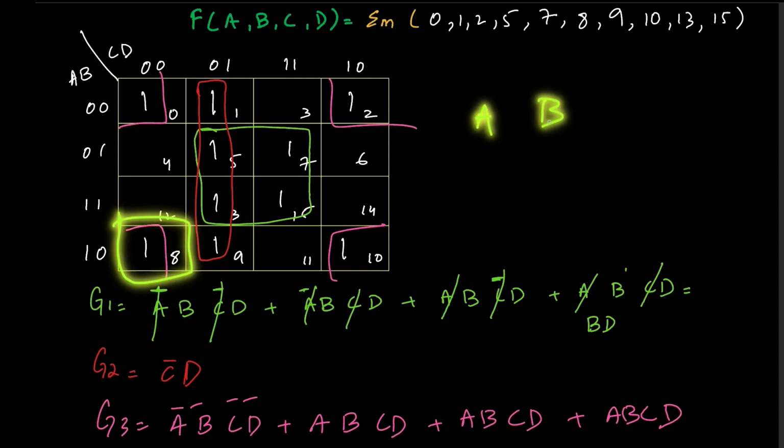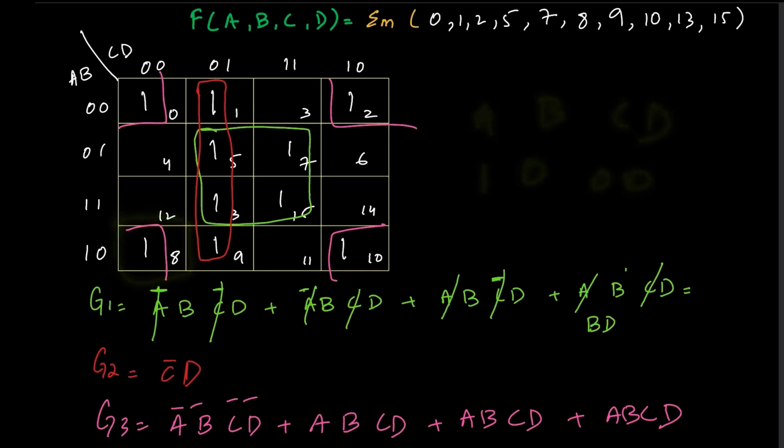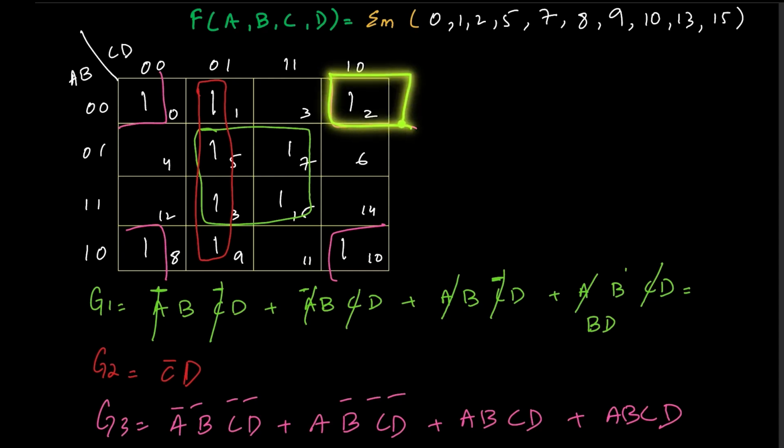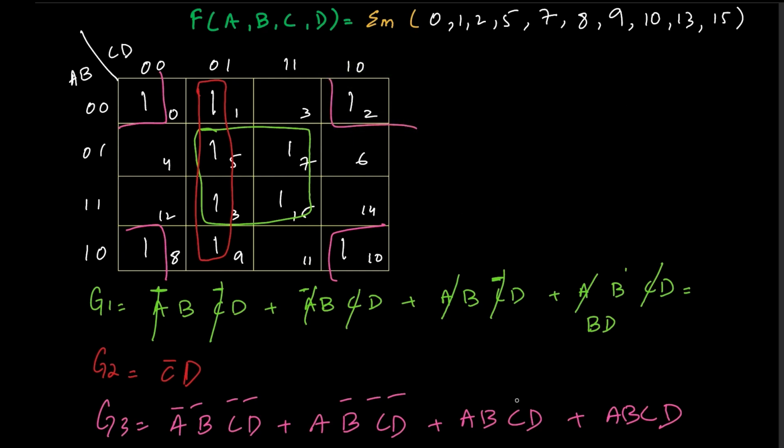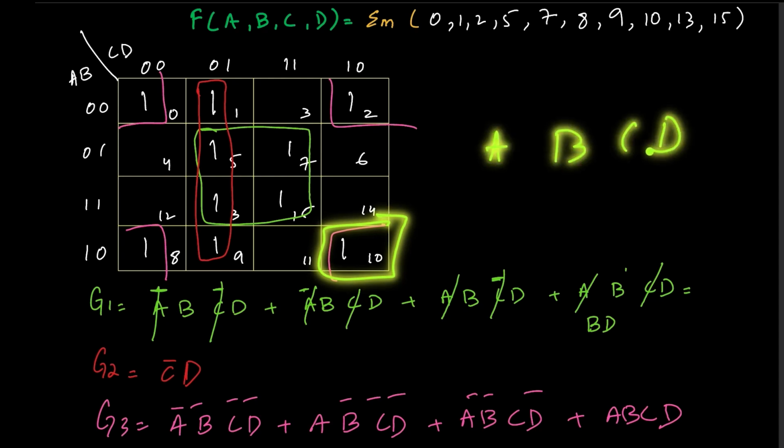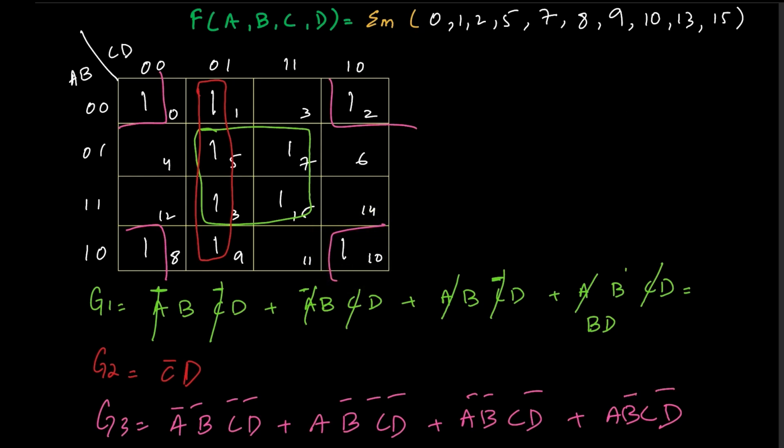This cell has bar on every alphabet apart from A. This one has A, B, C, and D as 0, 0, 1, 0, bar on everything apart from C. And the last one, 1, 0, 1, 0, bar on B and D. So we will eradicate the non-common parts.